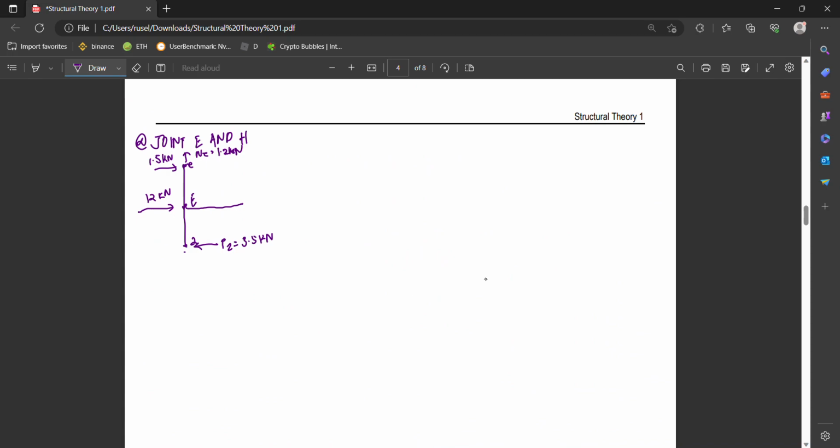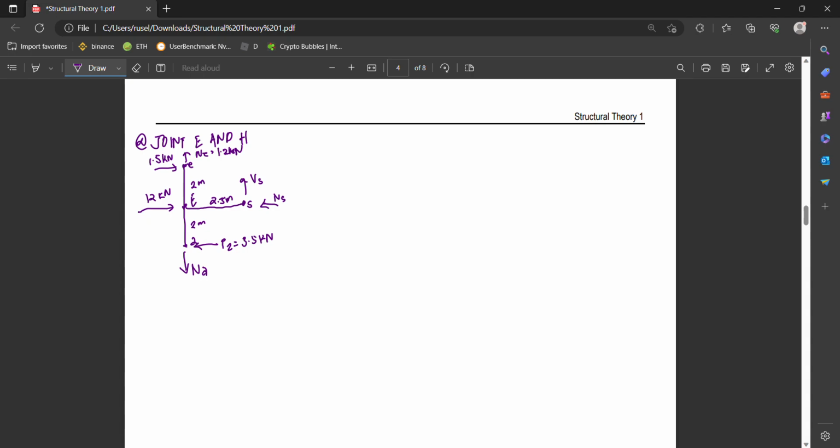Then, meron kang NA dito. Axial kasi yan. NA. And this is your small s. May pataas na Vs. Then your Ns na papunta sa left. This is 2.5 meter. This is 2 meters. This is 2 meters also.